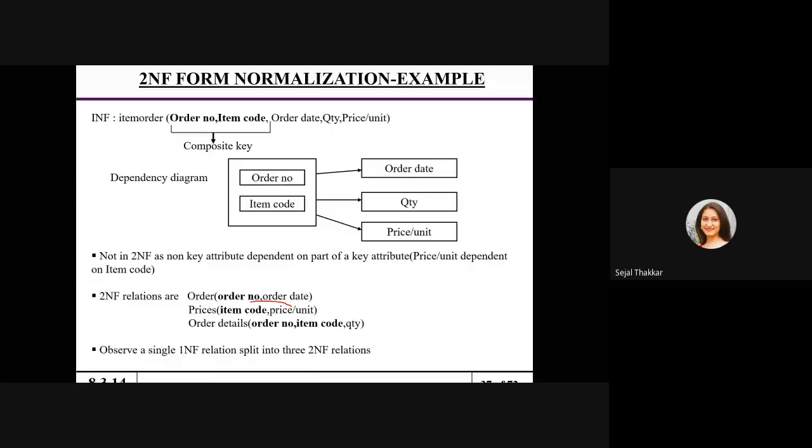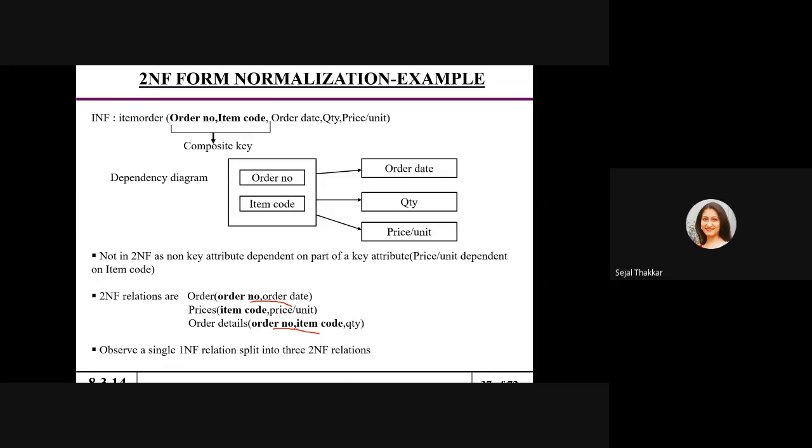Order detail depends on order number and item code. This is my order number. Suppose I have ordered something, so I have given my number 100 as my order number. And the items I have ordered have different codes, like grocery items such as Parle-G, washing powder, soap. These have a quantity.